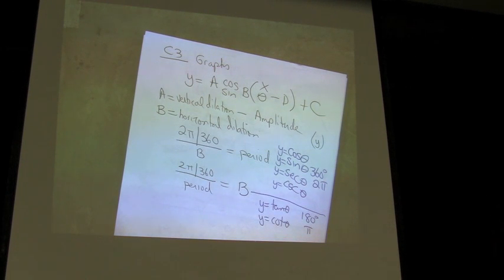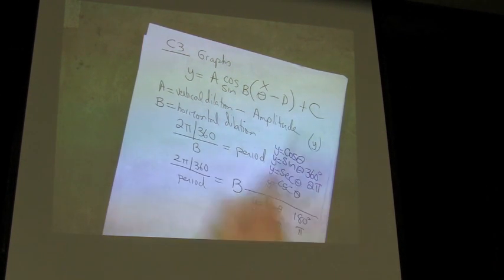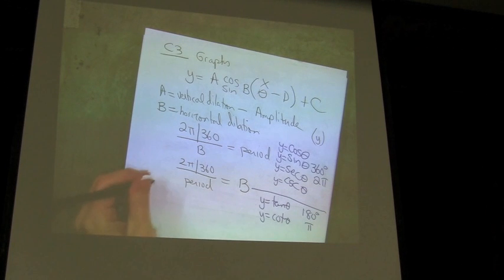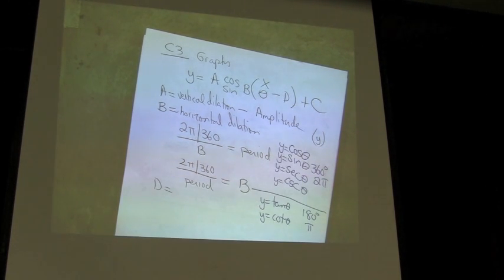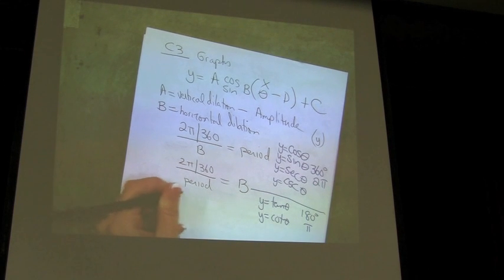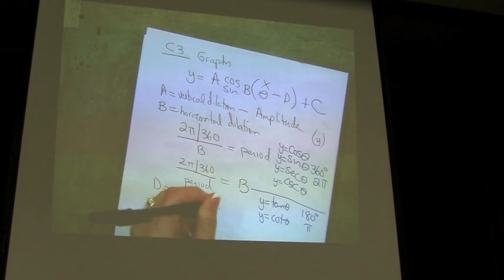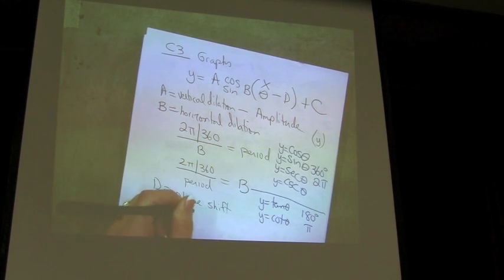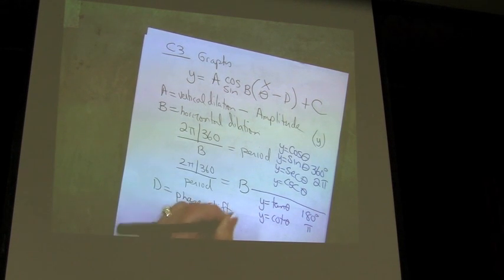Okay? Then you got the letter D right here, and the letter D last year in Algebra 2 was the letter H. It was your horizontal translation, left or right. And when you got to this chapter, we called this the phase shift or the phase displacement.